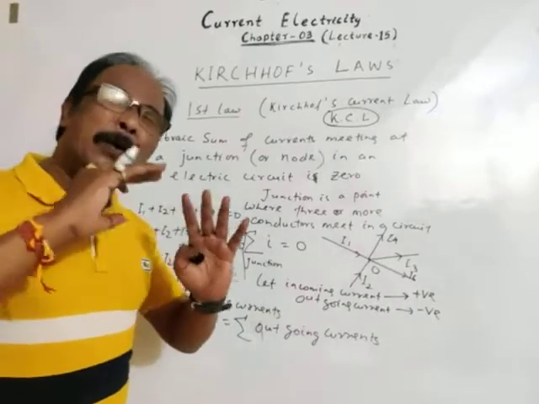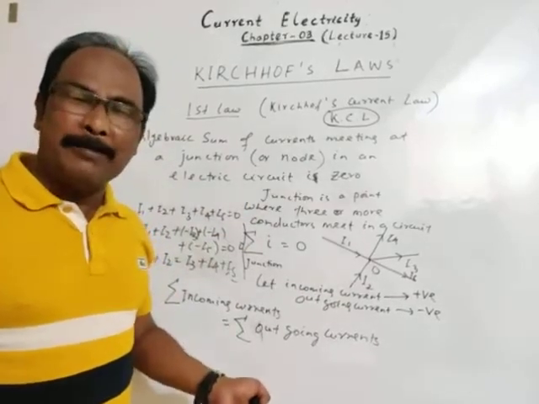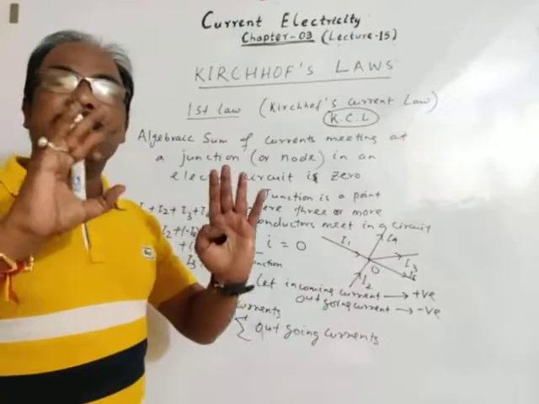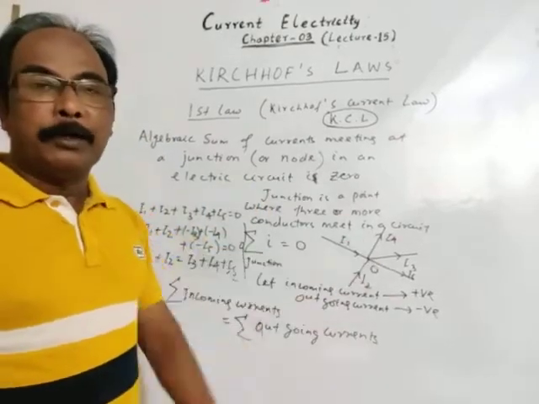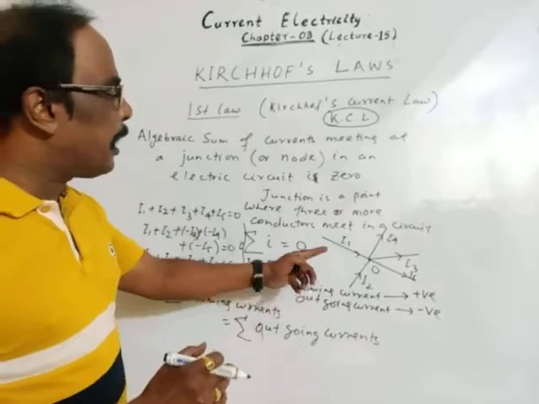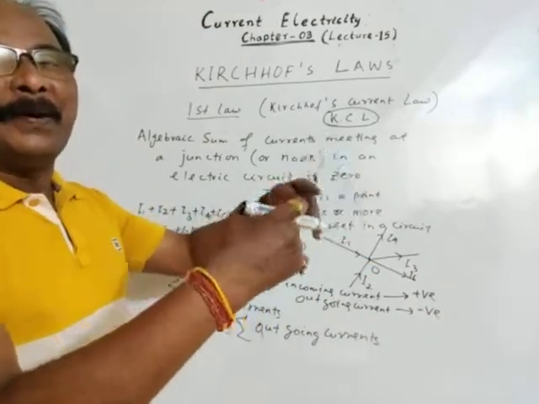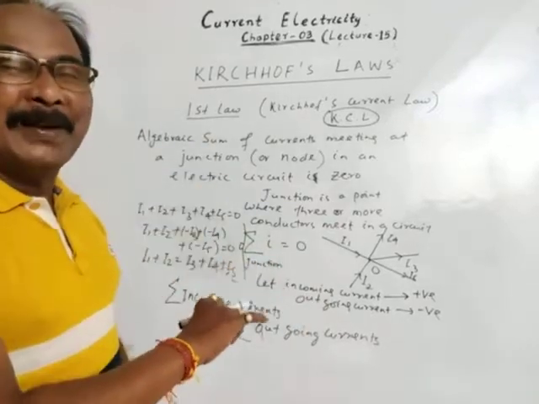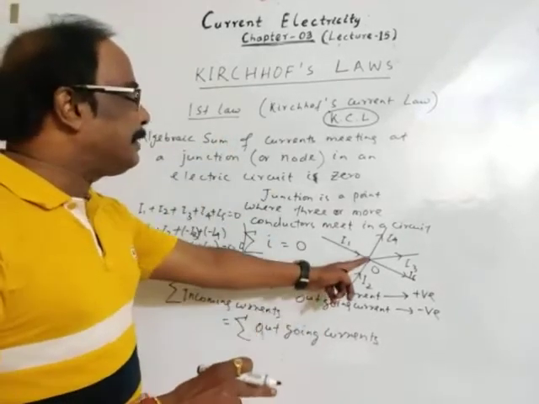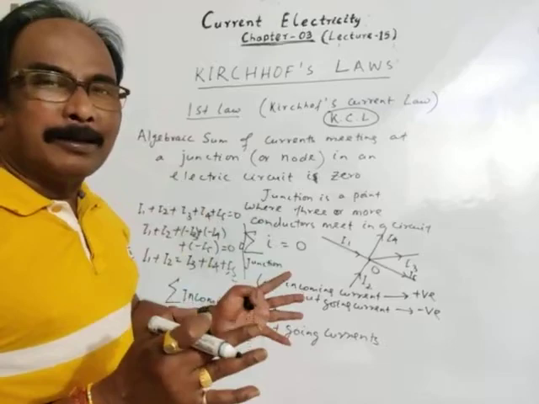There is no accumulation or deposition of charge at any junction. Whatever amount of charge comes to a junction immediately goes out.